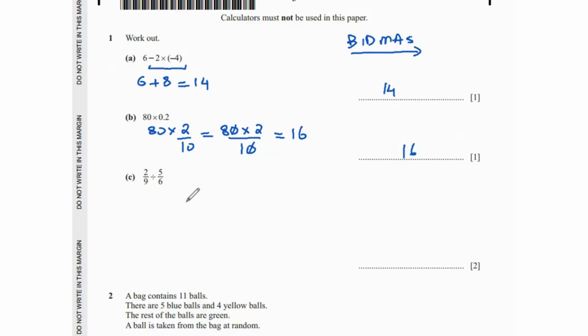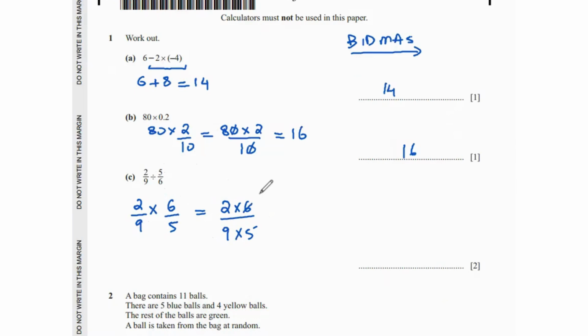Whenever we're dividing fractions, what we do is we change the division into multiplication and flip the second fraction. So this is called taking the reciprocal. So 5 over 6 becomes 6 over 5 and division becomes times. So now we have 2 times 6 over 9 times 5. 6 and 9 come in the same times table, which is the 3 times table.